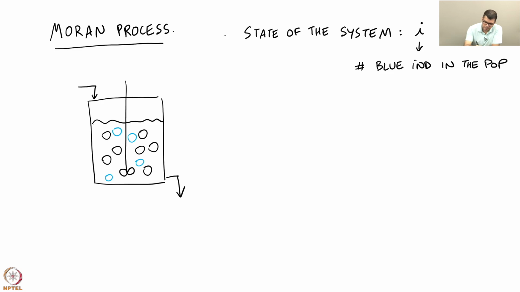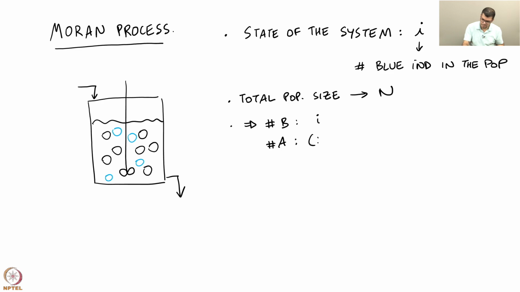We will also assume that since this is a chemostat and it always operates at a steady state, the total population size in this chemostat always remains constant at n. So, these two assumptions automatically imply that at this instant in time, the number of B type individuals, which is blue, is I, and the number of A type individuals, which is black, is simply n minus I. This is the state of the system.